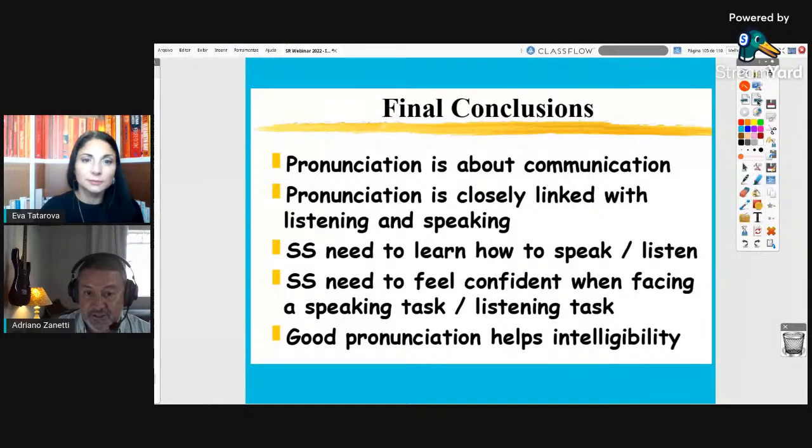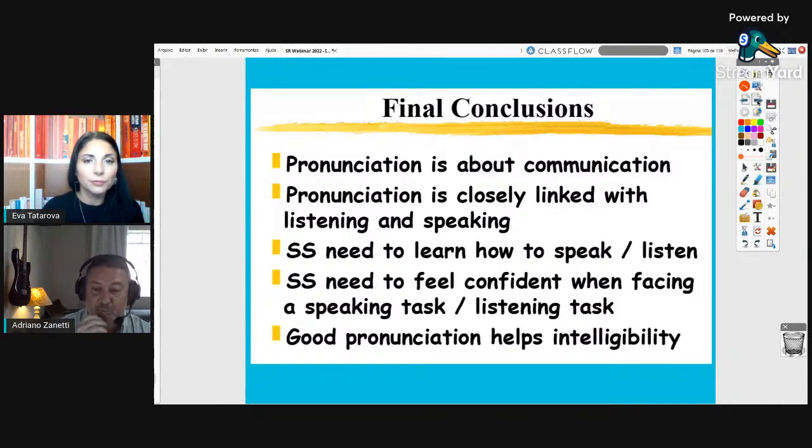So if our students need to learn how to speak, they need to learn how to listen. And in order to couple the speaking and listening developments, they need to build up confidence so that they can face any kind of speaking task or listening task in the learning environment.